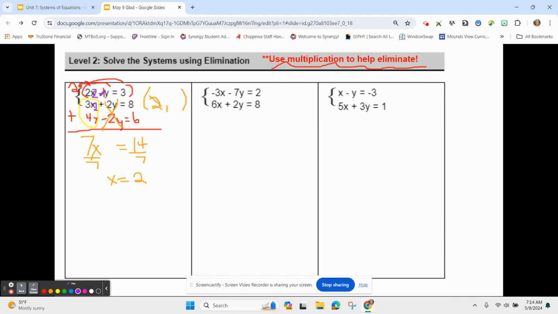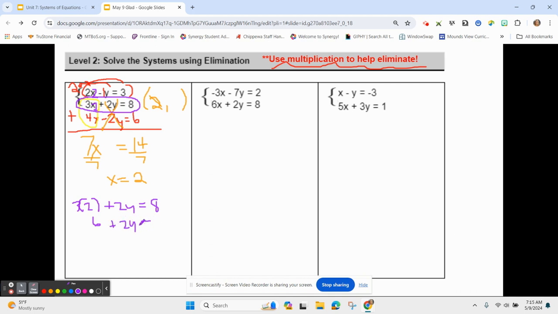You've heard me say that I kind of shy away from subtraction signs or negatives just because it's an extra step. So I think I'm going to choose this equation to plug my 2 for x in. So it's going to look like this: 3 times 2 plus 2y equals 8. Now, I've got 6 plus 2y.